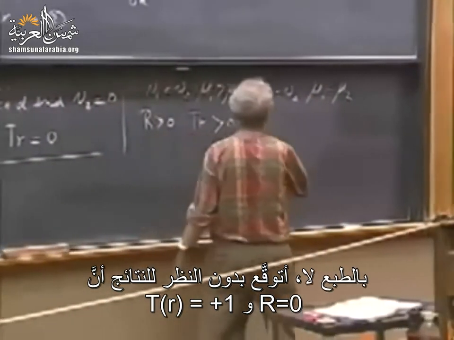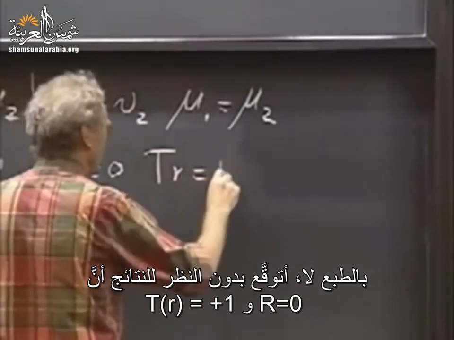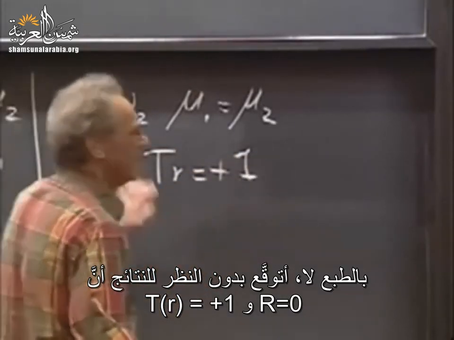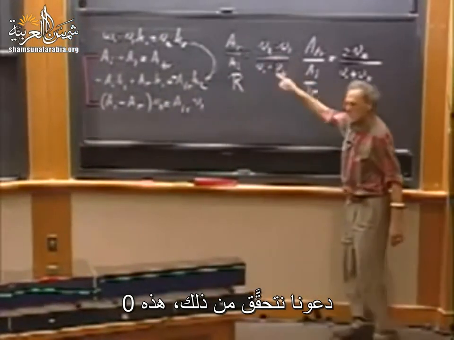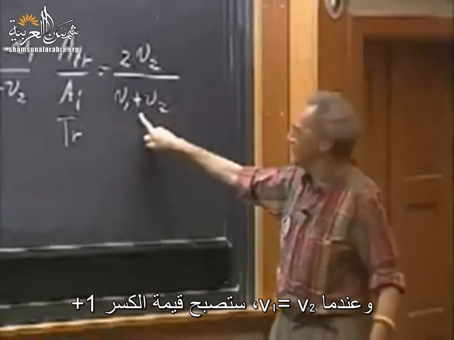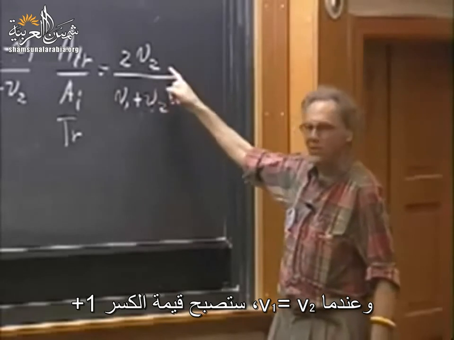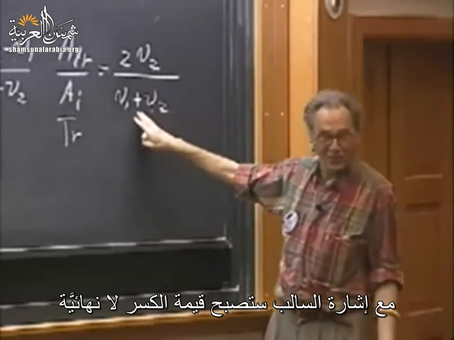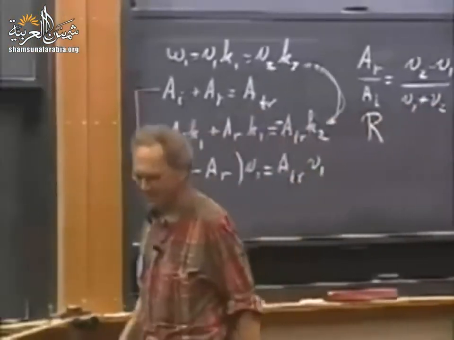Of course not. So I predict, without even looking at the result, that R is 0 and that the transmittivity is going to be +1. Let's check that. When V1 is V2, this is 0. And when V1 is V2, you just corrected me at the right time, by the way, you see that this goes to +1. With the minus sign, it would have gone to infinity. I would have caught it. But you got it earlier.